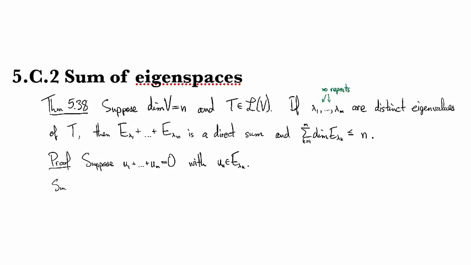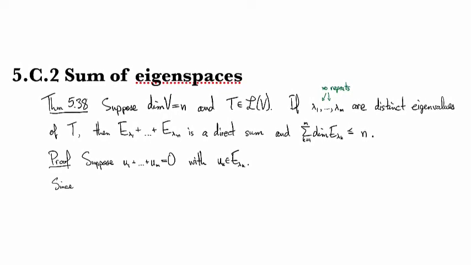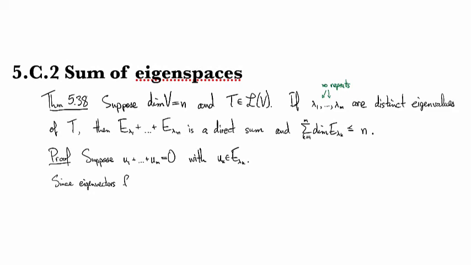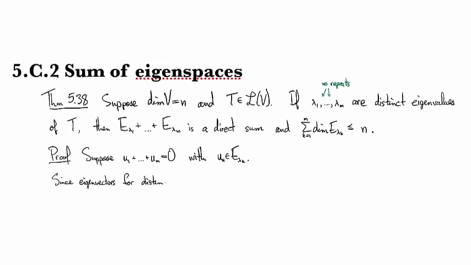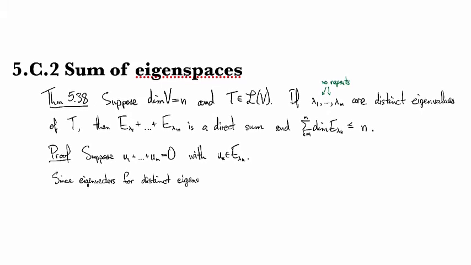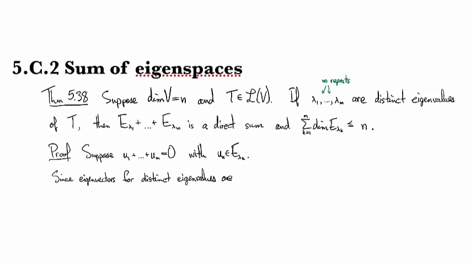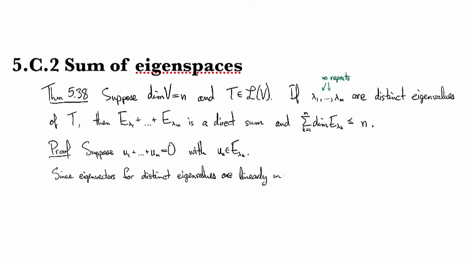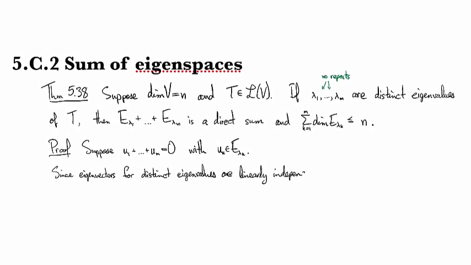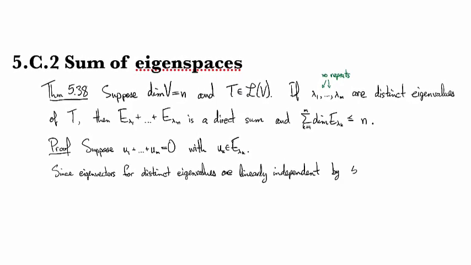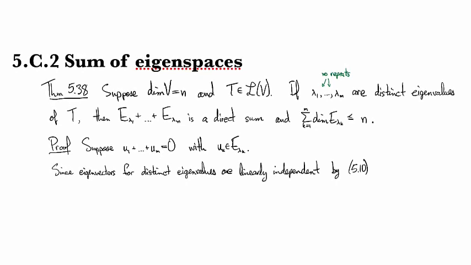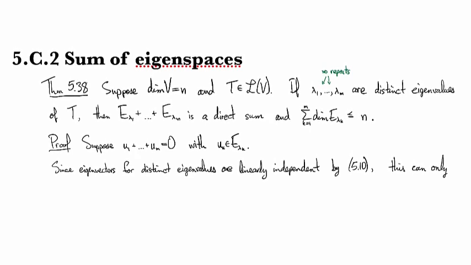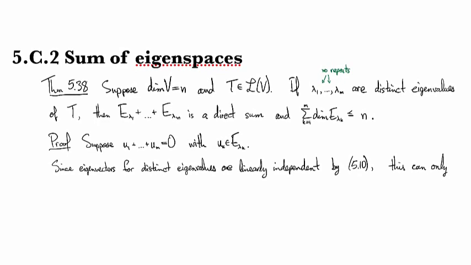So since the eigenvectors for distinct eigenvalues are linearly independent, that was by proposition 510, this can only happen if all of the uk's are equal to 0.